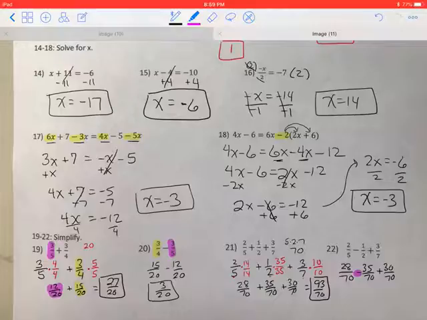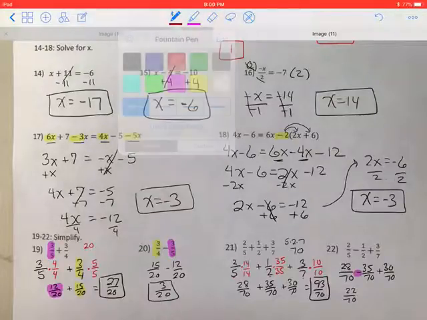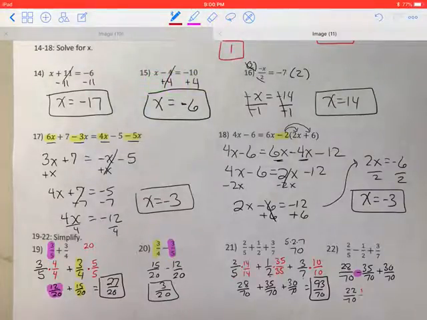And then negative 7 plus 30 is going to give me back a 22. So I end up with 22 over 70. These are both even numbers, which means I can reduce. So I can divide the top and bottom by 2. And that's going to give me 11 over 35 for my final answer.